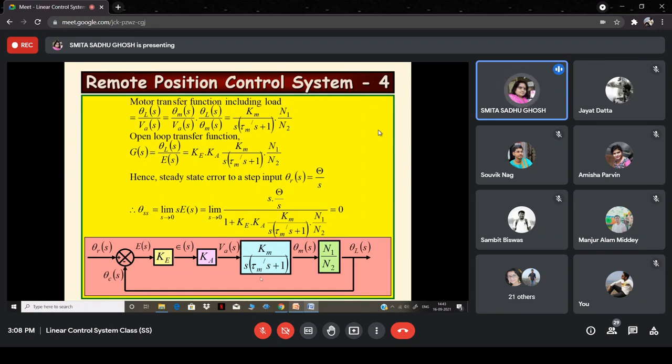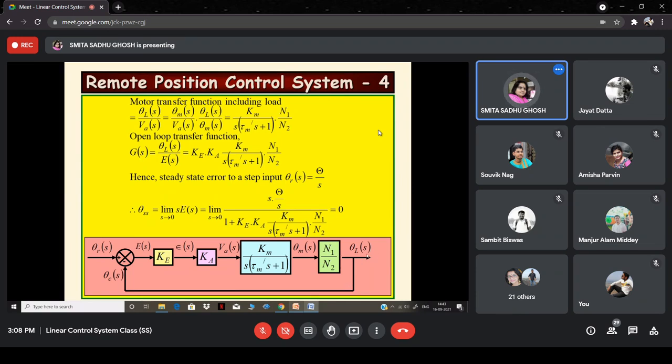But for this analysis, we are going to put the simplified model only, which is sufficient. Next, we have theta m. To convert from theta m to theta L, we multiply by the gear ratio, which is N1 by N2.